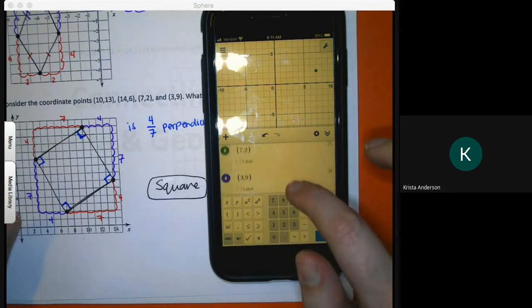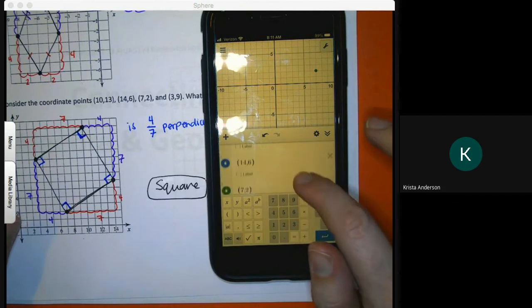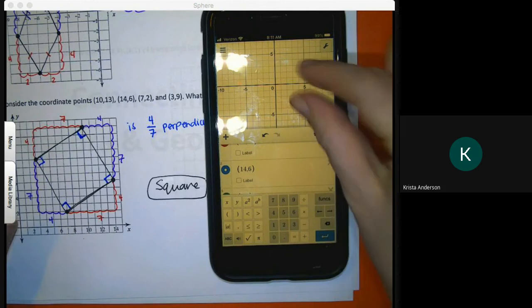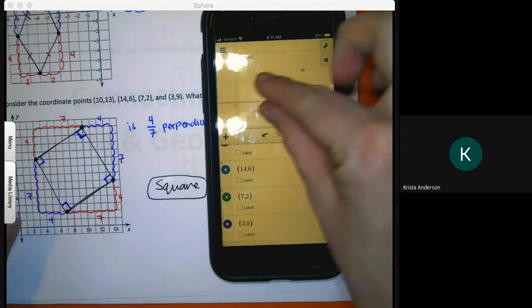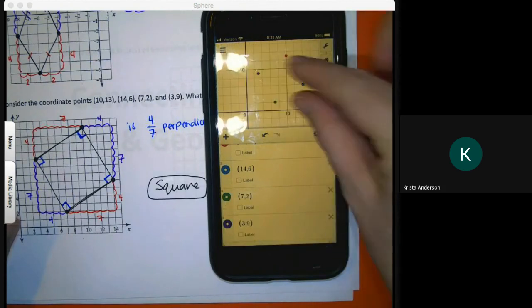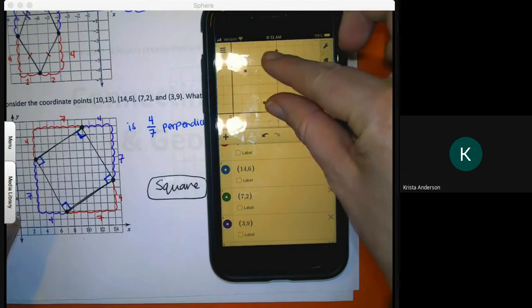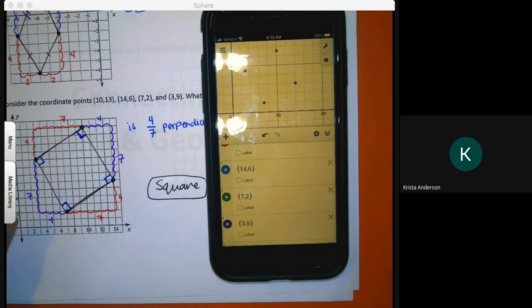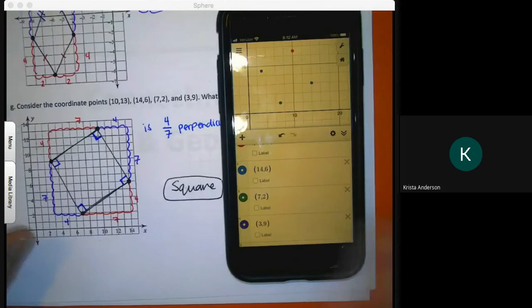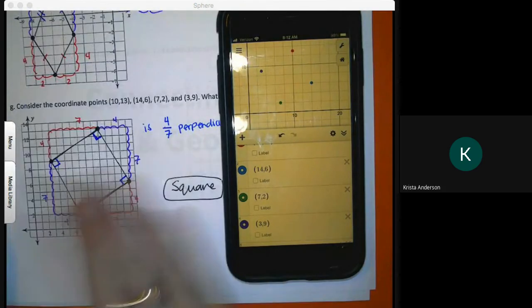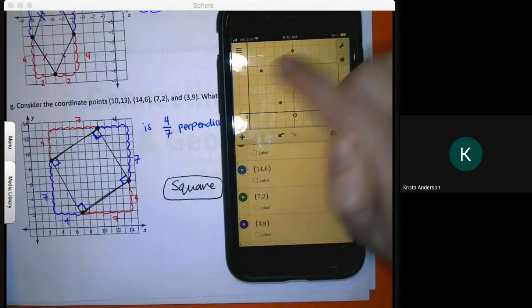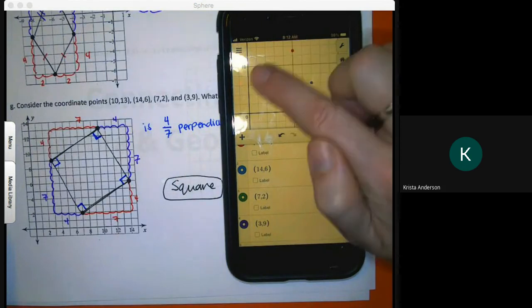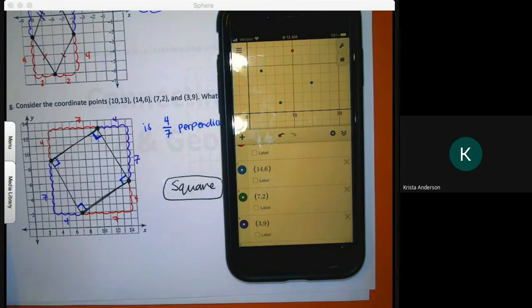I've typed in my 4 points. It doesn't show, so I have to move my graph. Can you see how it has all 4 points written on there? Now, rather than having to put it on paper, I can look on here and figure out what the shape is, if you want to do it that way.